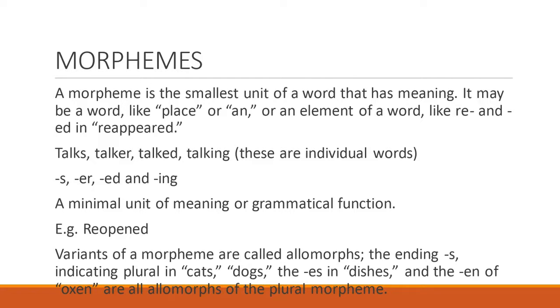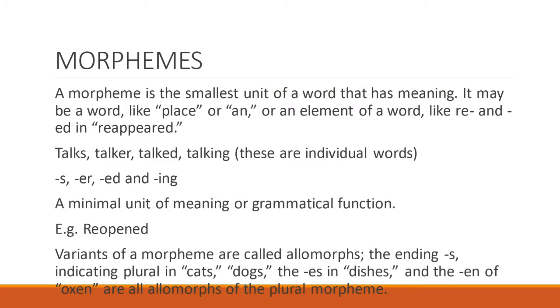These are individual words. Now we can see s, er, ed and ing. They are separate from talk, so they are different morphemes.